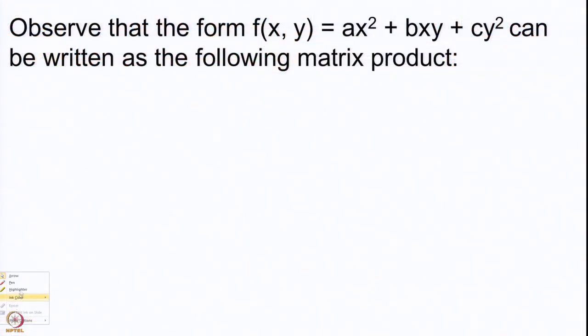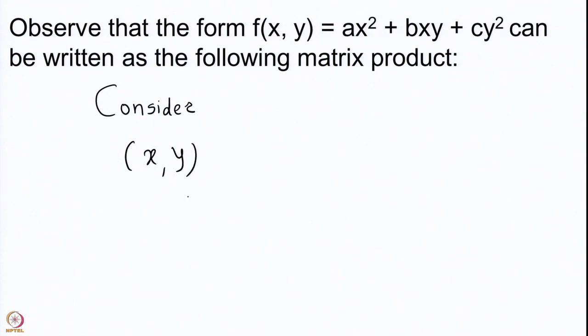So, let me give you some gist of this matrix notation which makes our things very simple. To begin with, let us try to understand how the form f itself can be written as a matrix product. So, we consider x comma y, we are taking it to be a row vector, and here I have this 2 by 2 matrix.